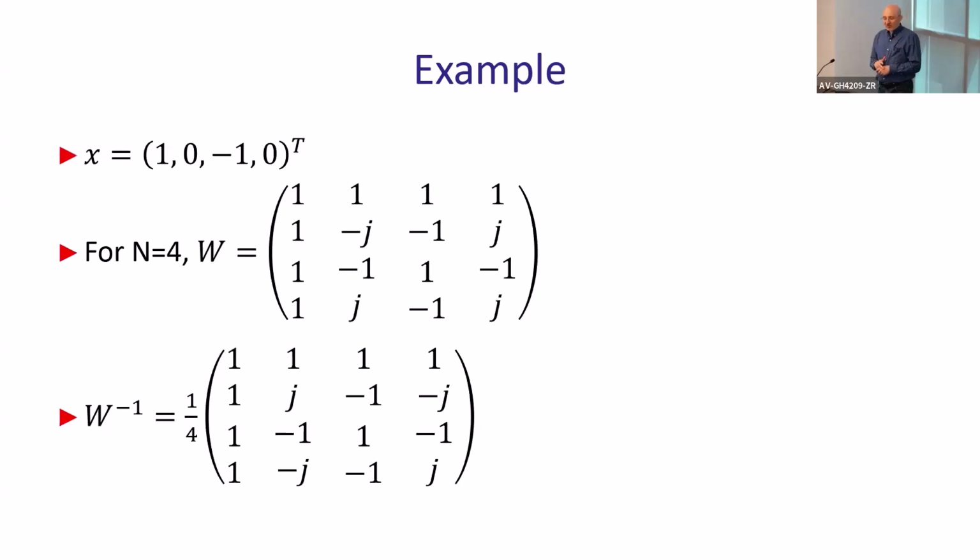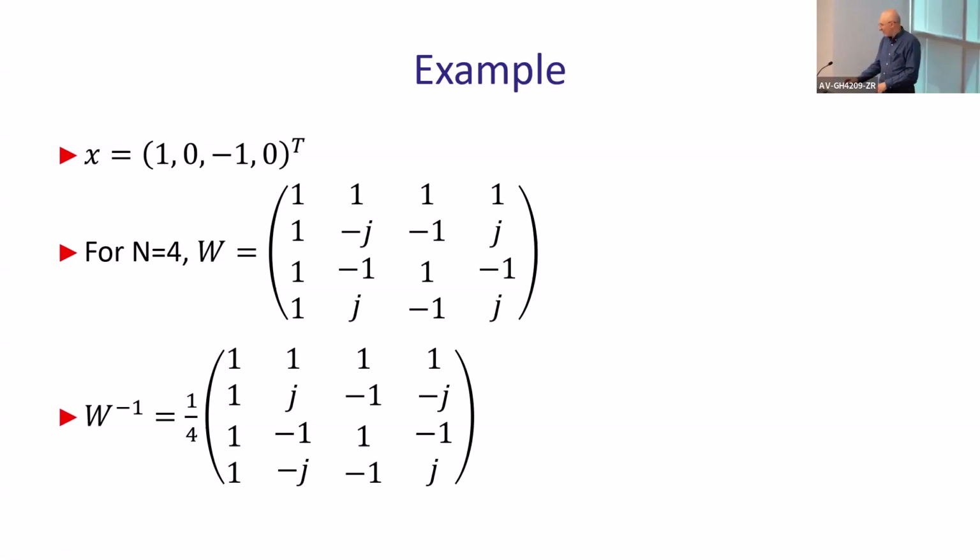Here is a simple numerical problem that you want to solve just to see that we get exactly the same thing as you get with f of t. And here is how these matrices typically look. This is the order 4 matrix, for n equals 4. And the inverse DFT, as you can see, is 1 divided by 4, which is n, and the same matrix but conjugate transposed.